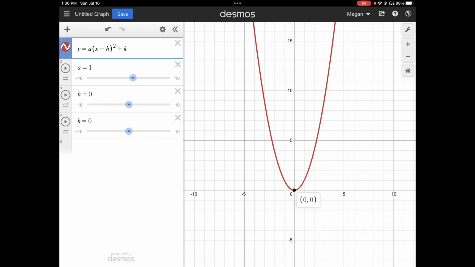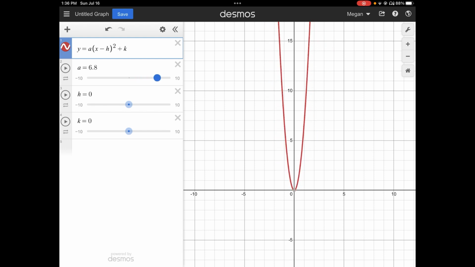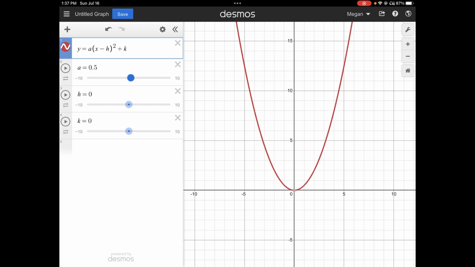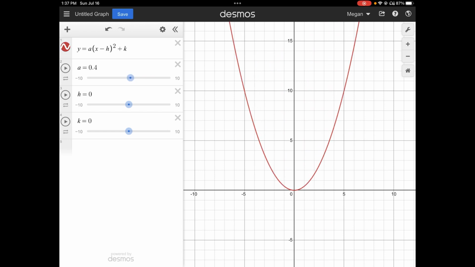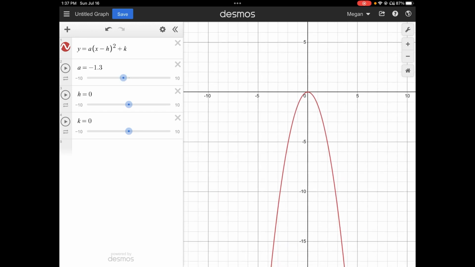And what I'm going to do now is move my a value. I'm going to slide this slider up, and I can see my curve is getting thinner. It's kind of being squished together. And I can move this down, and I can see it's getting wider. And then if my a value becomes negative here, all of a sudden my curve is opening down now.